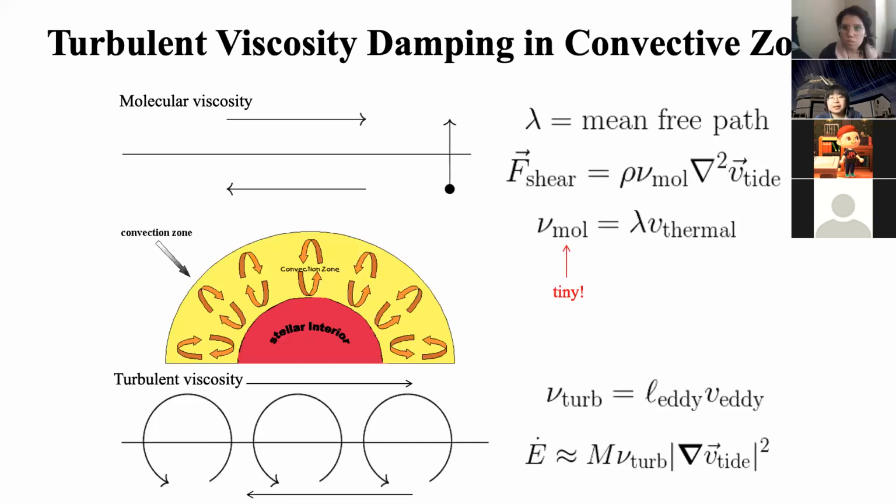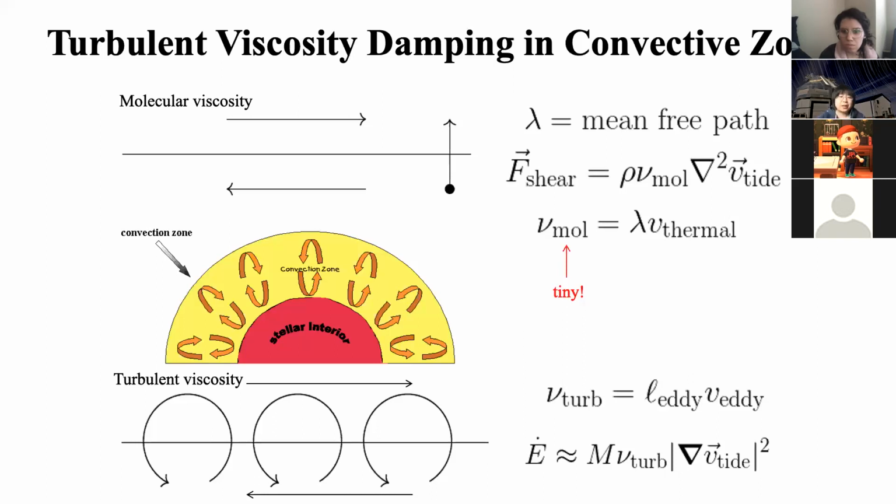The viscosity has the same unit as the diffusion coefficient, so we need a length and a velocity to get the molecular viscosity. The characteristic length for this molecular motion is just the mean free path. We multiply that by the thermal velocity of the molecule to calculate this molecular viscosity.